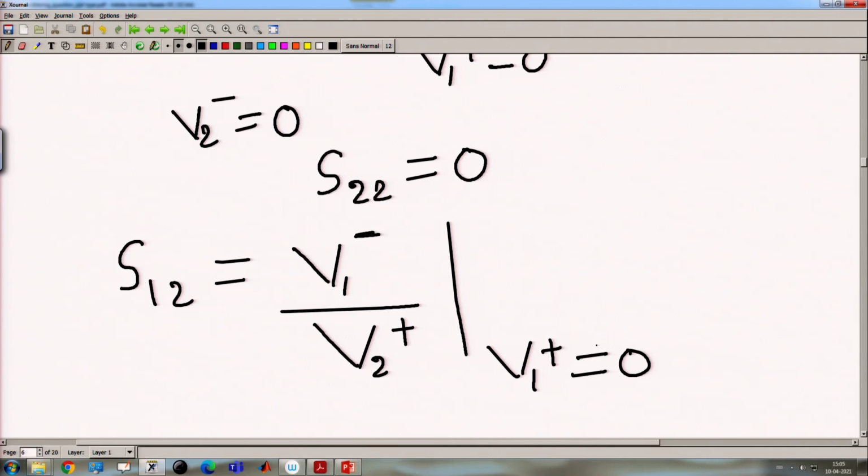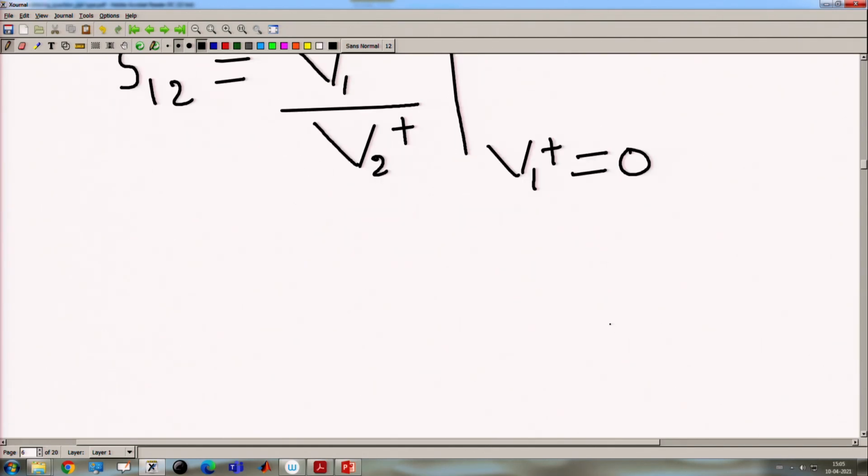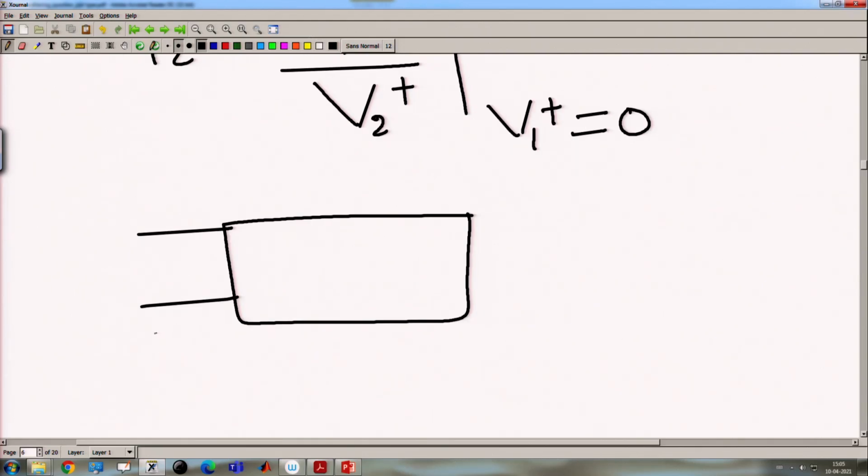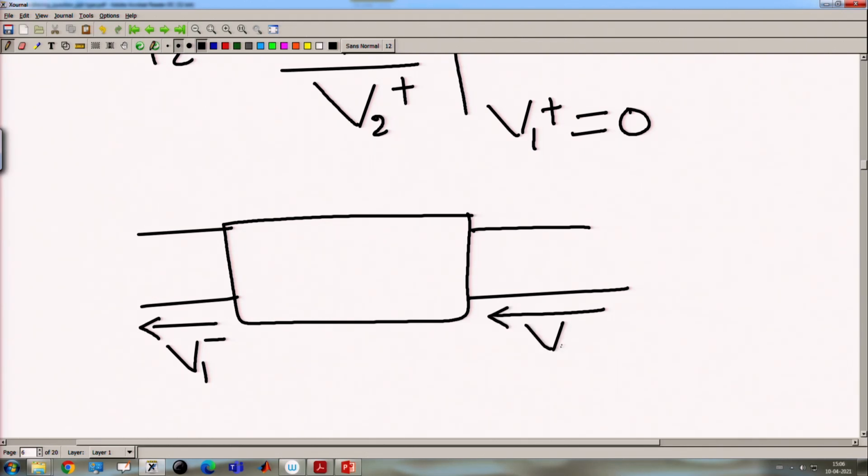V1 plus equal to 0 means port 1 is terminated with a matched load. Here V1 minus is this one, and V2 plus is this one, right. So waves are entering at port 2 and leaving at port 1.